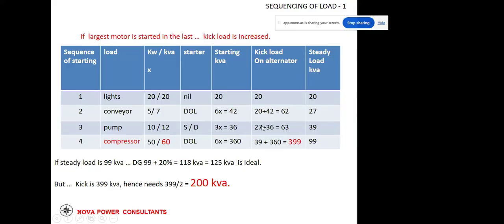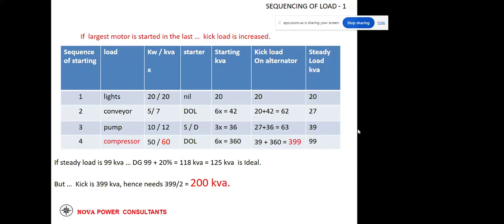Initially 27 is working plus 37 kick, so it goes to 63 kVA. So still I say this is the maximum kick. After the acceleration time is over, once it is settled down, this 12 is added to 27. So the steady load on the generator is 39 kVA.